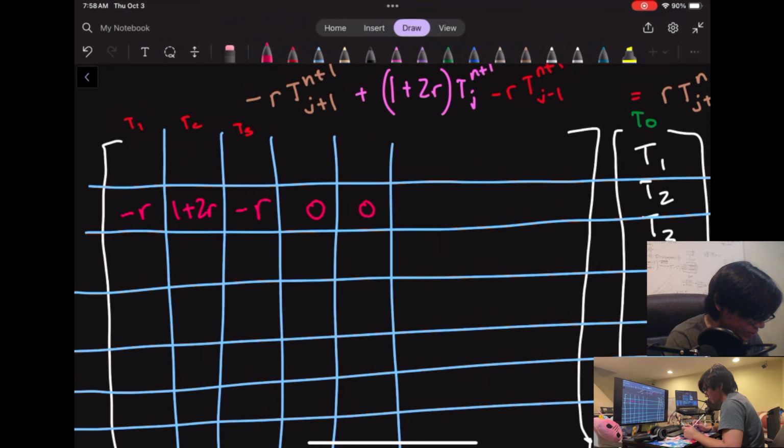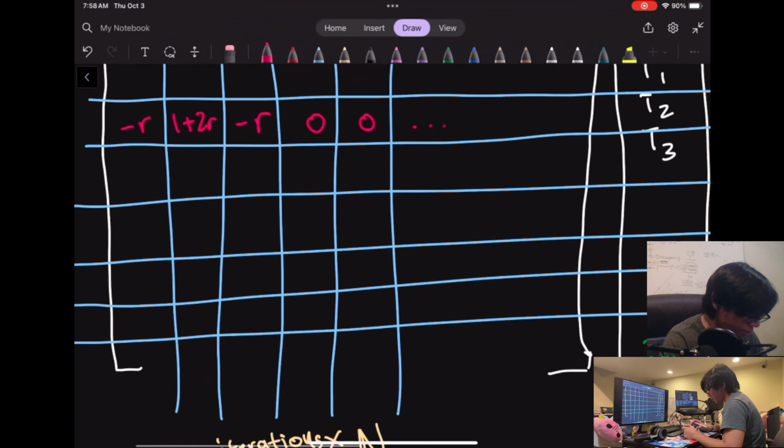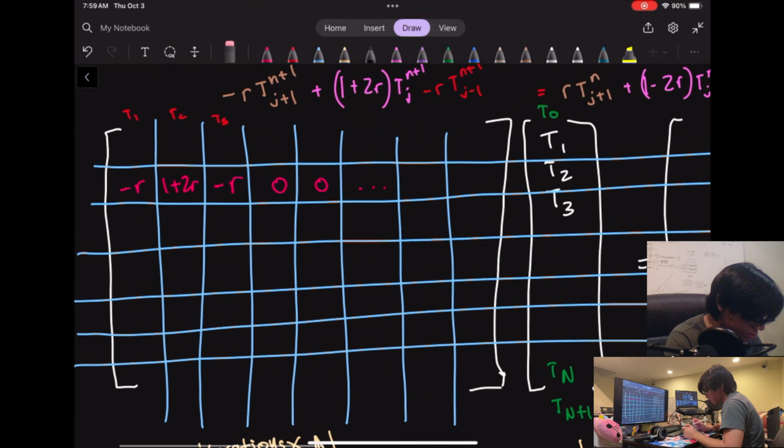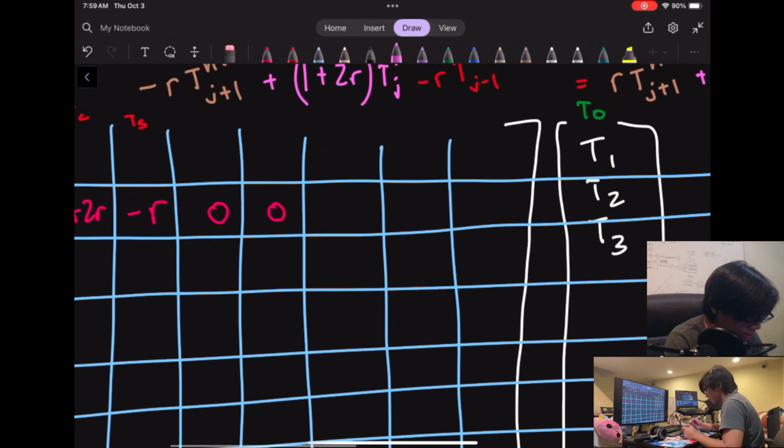That should be good. We'll just keep it as ellipses for now. We can actually add another term here, or another column. So these are zeros because our expression only depends on 3 terms, where our center at J is the position we're interested in, so zeros.